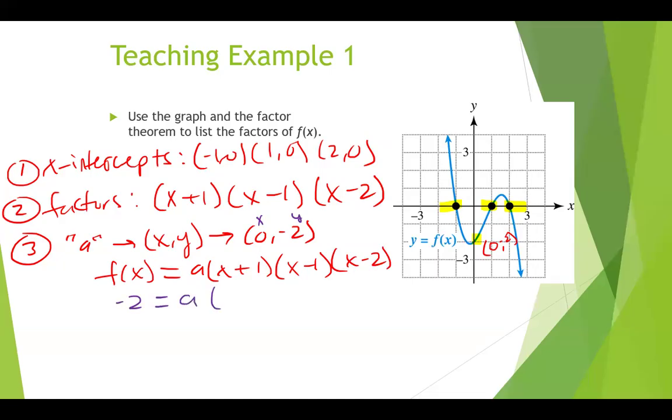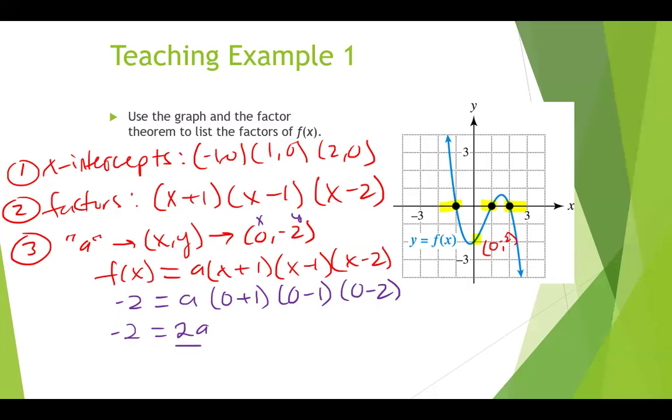So f of x is -2. A, we're solving for. So we have 0 plus 1 times 0 minus 1 times 0 minus 2. What does that equal? 1 times -1 times -2 equals +2.